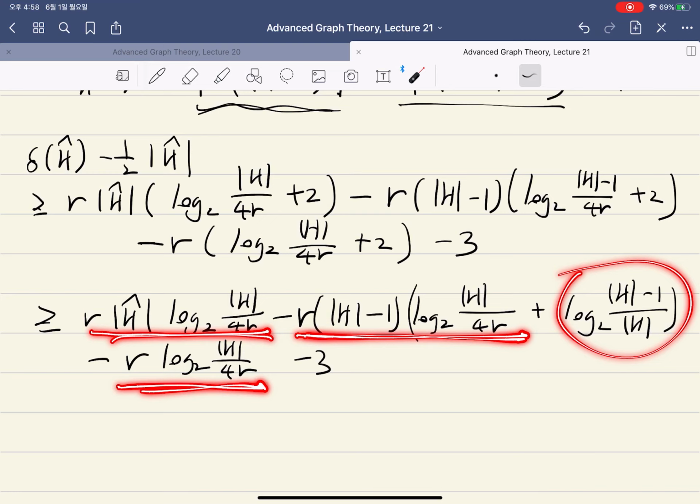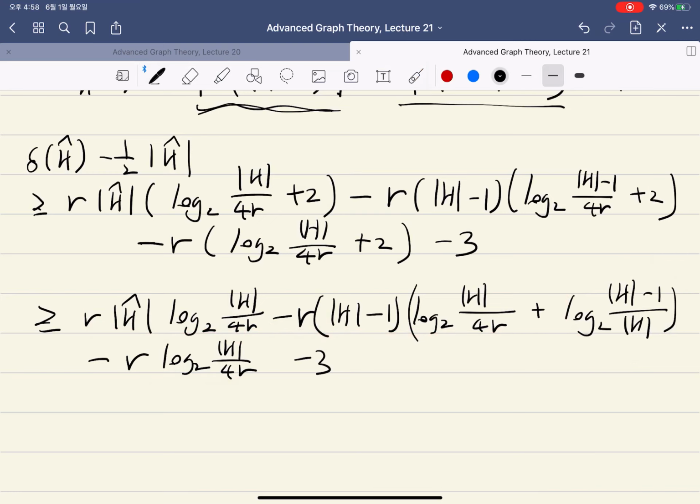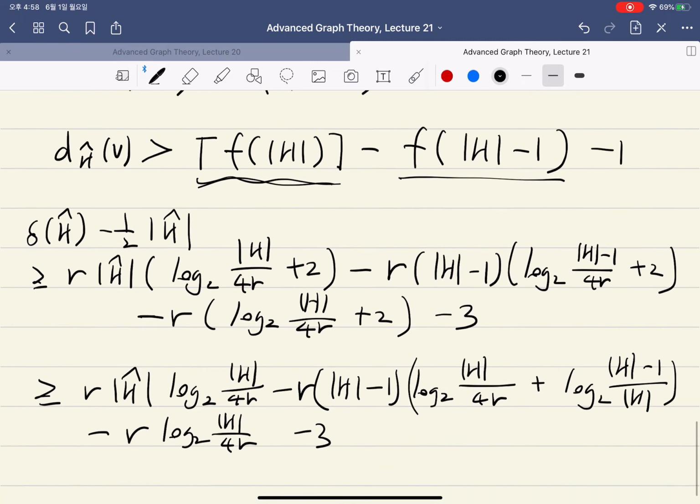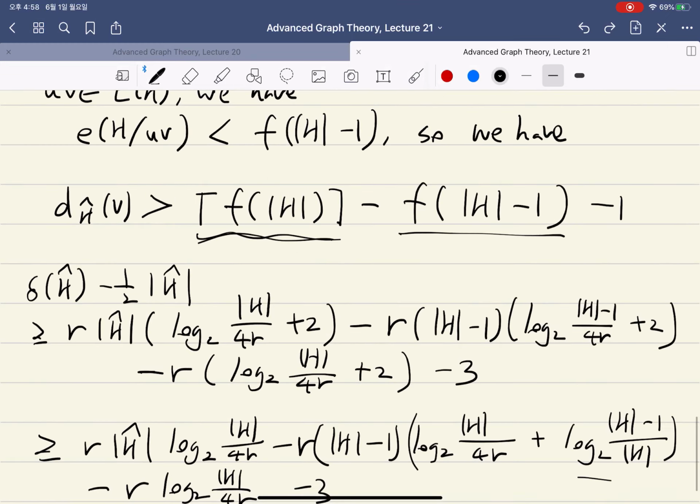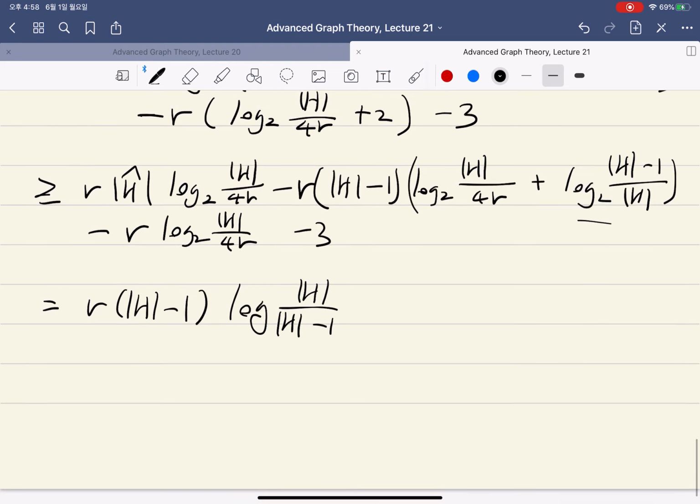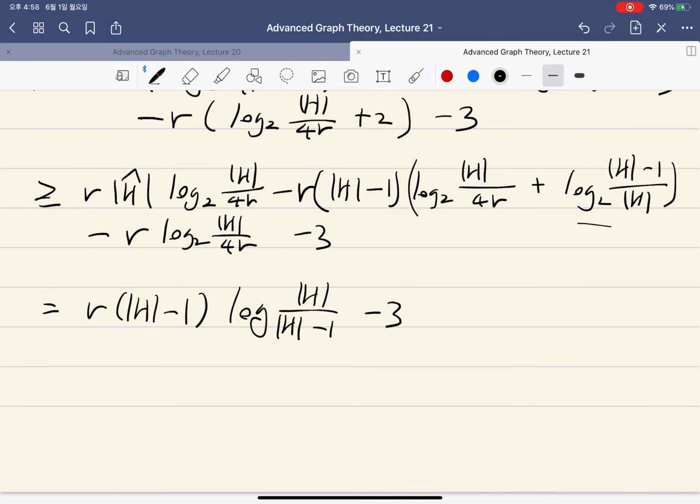Exactly 0. Then the remaining term is r times size of h minus 1 log this negative, and here this flips, so it's h over size of h minus 1, I mean h, sorry, not hat, because these are all in terms of h, minus 3.